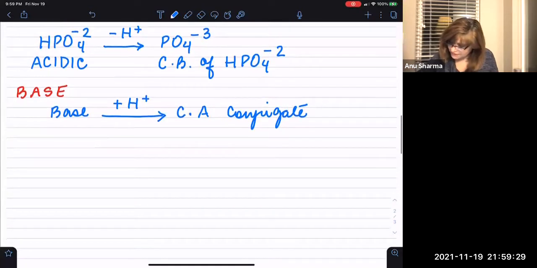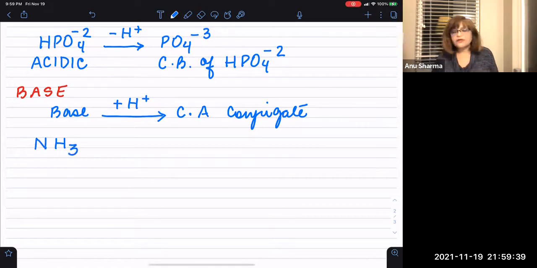Like for example here, let's do this one, NH3, ammonia. Ammonia is acting as a base because ammonia has these two lone pairs. It gives those lone pairs. So it's a base, electrons.